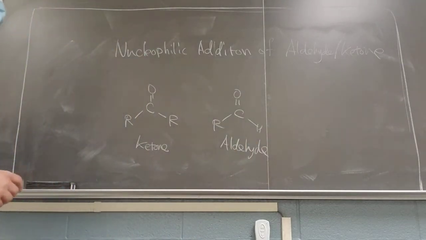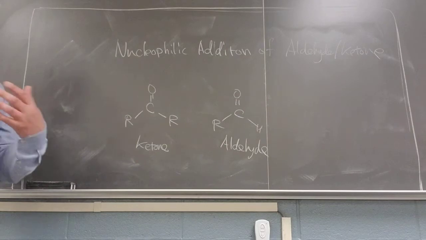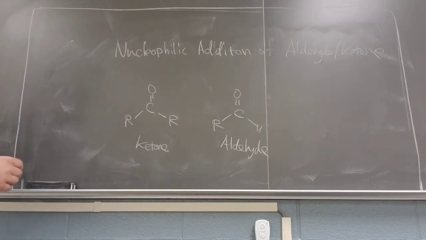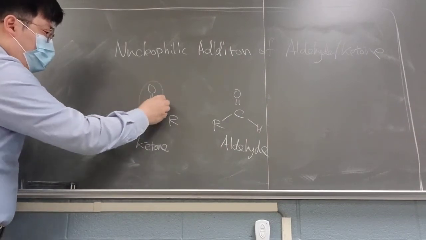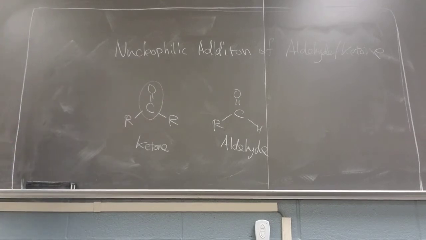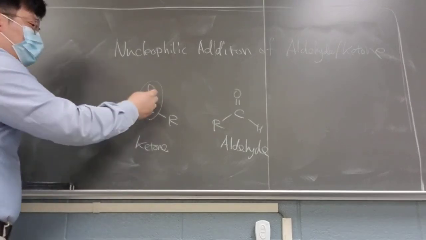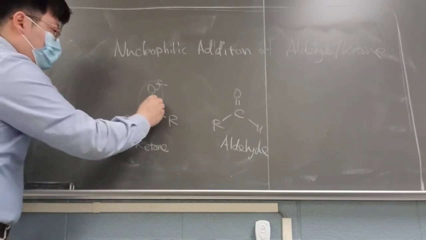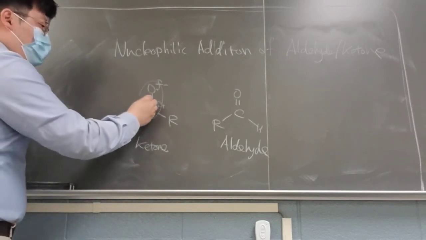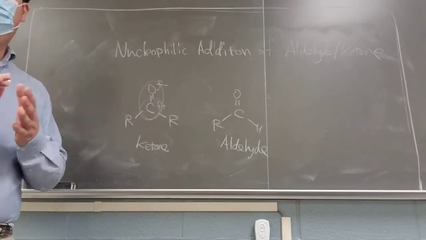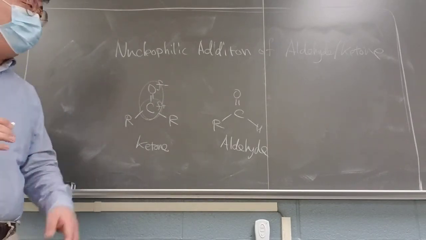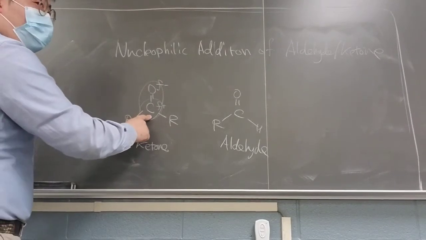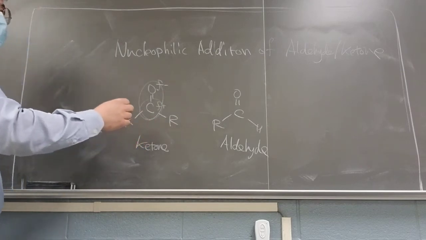And nucleophilic, literally, we're going to add the nucleophile into it, because if you look at the carbonyl group in your ketone or aldehyde, obviously your oxygen is relatively more negative, and this is the positive. So this is where you're going to see a very electron-poor carbon.